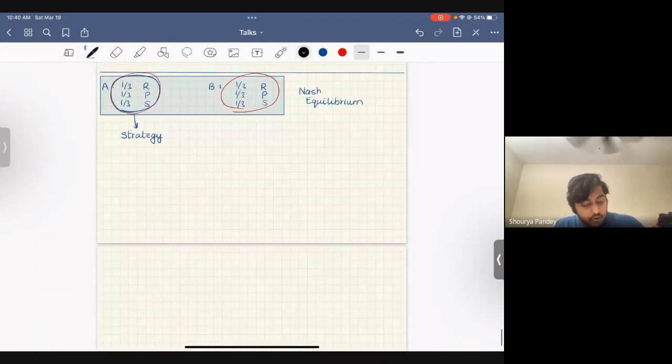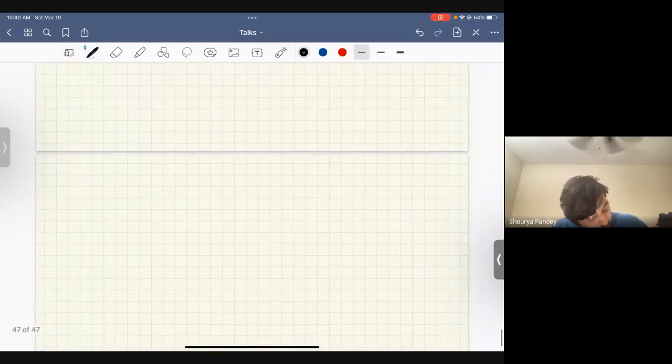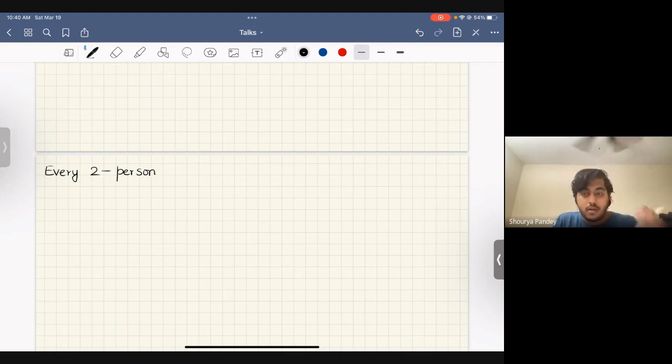But we do want to see why the theorem is true, right? Sorry, but then what is the exact statement of Nash's theorem? Yeah, I'm writing that exactly.